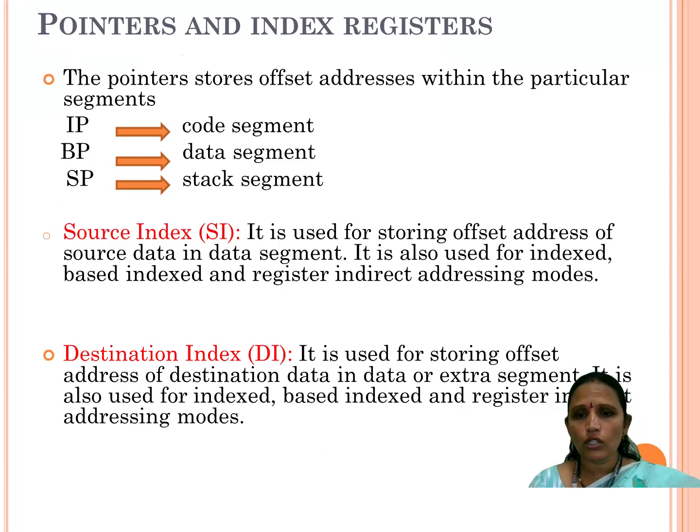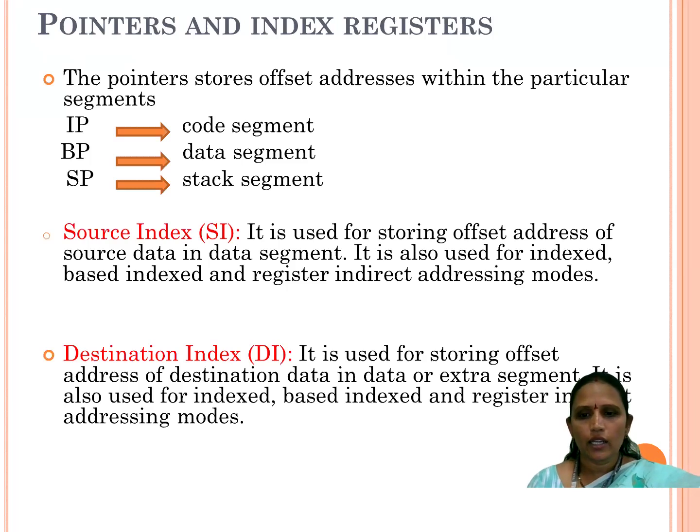If you want to store the offset address in the data segment, we can use the base pointer. And if you want to store the offset address of the stack segment, then we can use the stack pointer. So these pointer registers are used to store offset addresses within the particular segment.